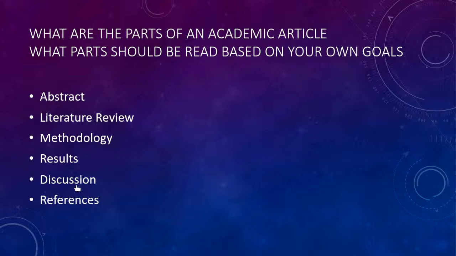How can you use it to build on what you're writing about in your paper or what you're writing about in your literature review? So that ending part of the article is usually only a page, maybe 2 pages. So when you're really trying to dig in and find research, those are the places you should really focus on.